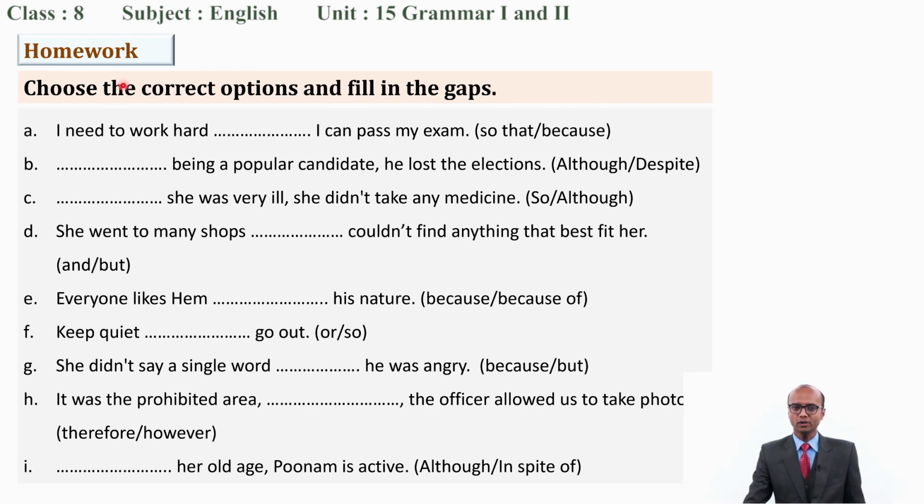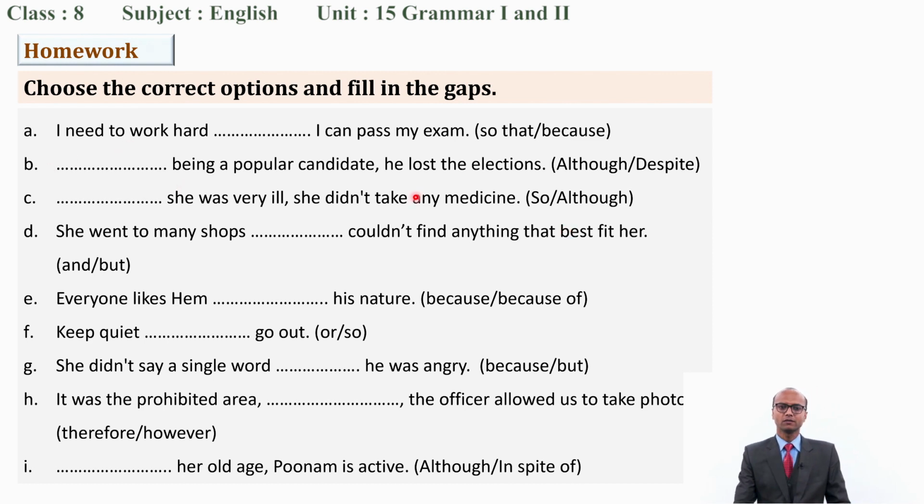Dear students, thank you very much for all those activities you have done very actively. Only one task is left for you. This is homework. Okay, choose the correct options and fill in the gaps. I have written these sets of sentences for you as homework. Please copy them, do them, and show them to your teacher, brother, sister, who knows better than you, or who can provide you some guidelines or check your answers.